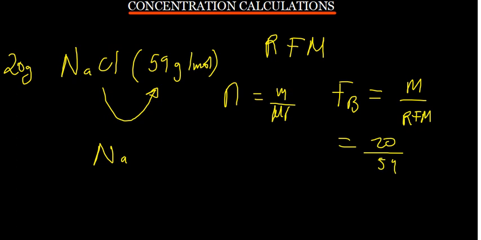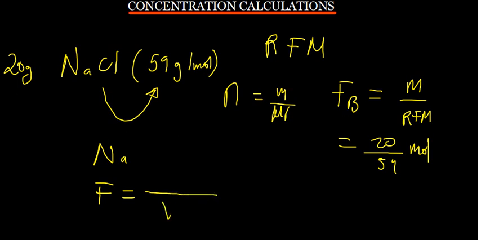The answer you are going to find is the gram formula unit, but since you find it using the same formula as the number of moles, the answer is going to be in moles. So to find formality, it is simply this same value, the gram formula unit in moles, over volume.